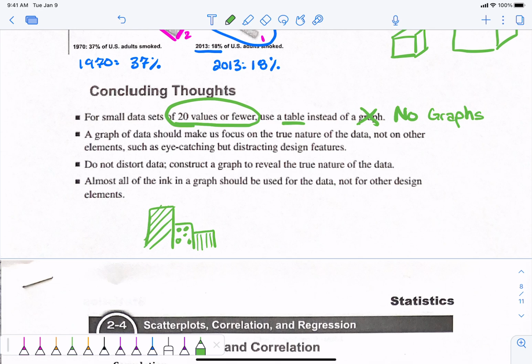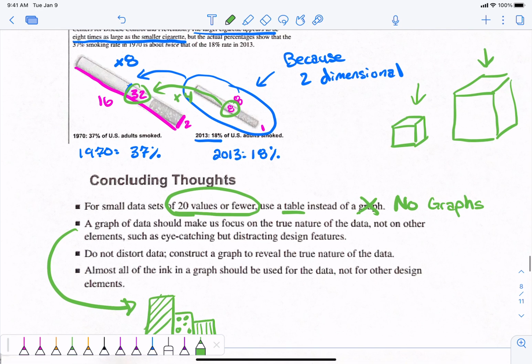I would say colors are fine, but if you're doing extra designs in there, don't bother, because it's kind of distracting for the data, okay? We want to focus on the data and not on the design. I would almost argue that this cigarette thing is doing that same thing. I'm more focused on, oh my gosh, there's a cigarette on the paper, rather than the data that it's trying to convey, right?